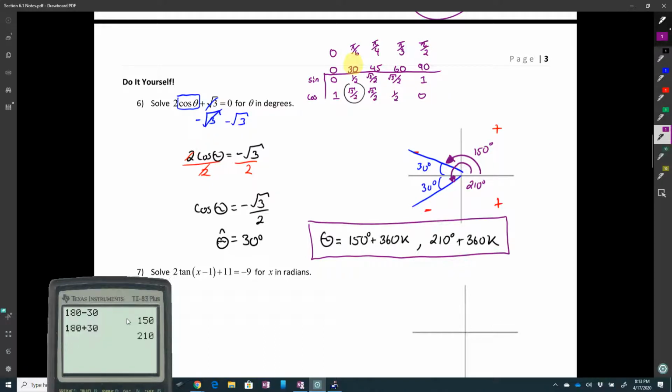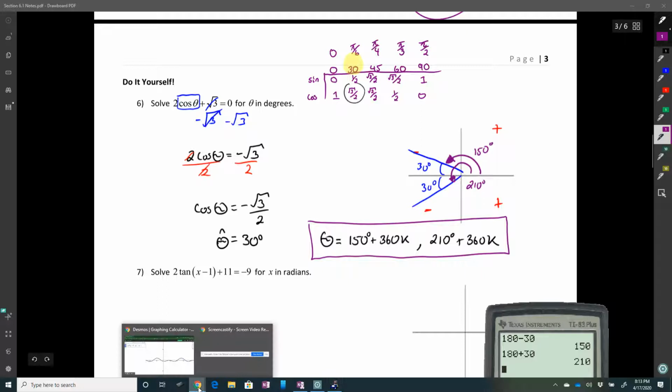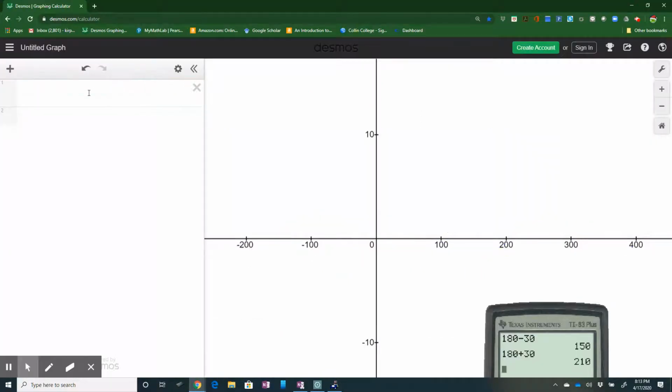Yay. All right. And remember, you can always check these if you wanted to. If you go to Desmos, 2 cosine theta plus square root of 3. So you would just go ahead and type it in. Theta doesn't work as a variable, but I can say 2 cosine x plus square root of 3.